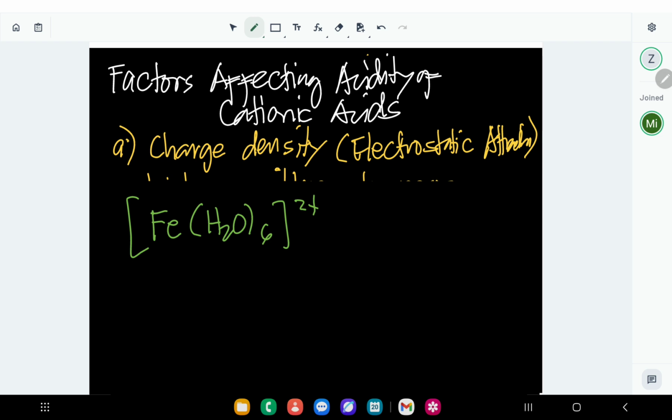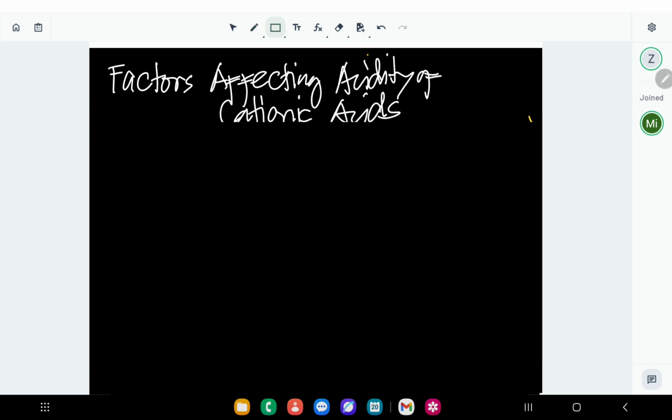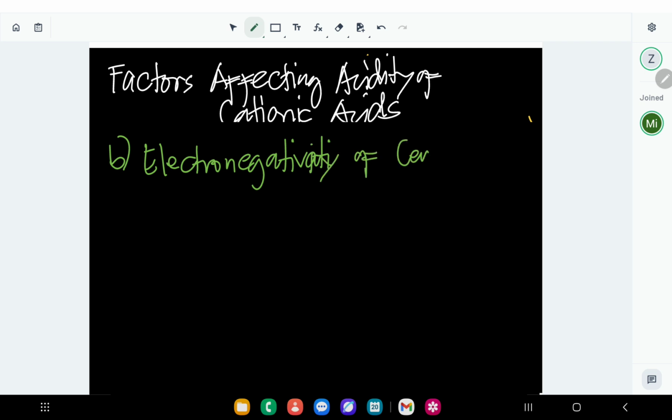That's not the only factor that affects the acidity of cationic acids. Like what you said, we have the electronegativity of the central atom.